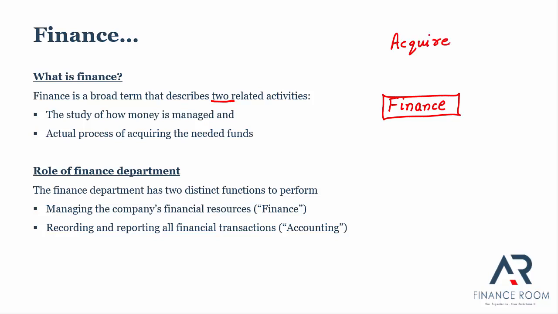Only then can you utilize that money. So, acquiring the money: you need to get the money, you need to source the money to utilize it to your advantage. And the second is, after you acquire the money, you utilize that money.